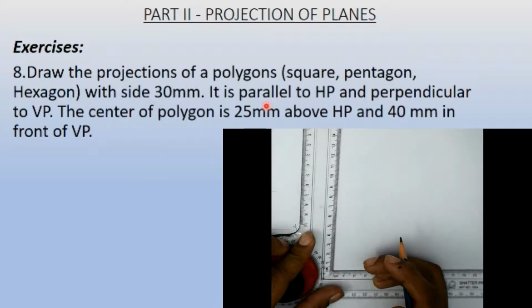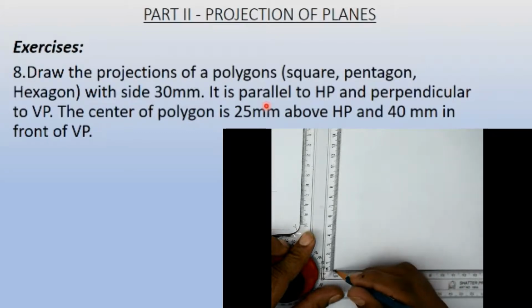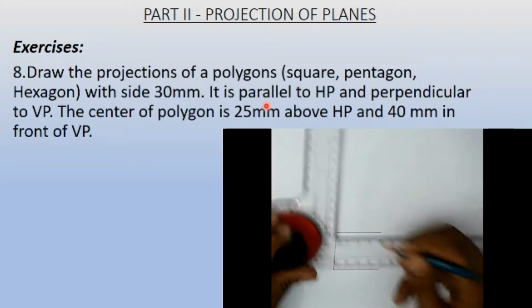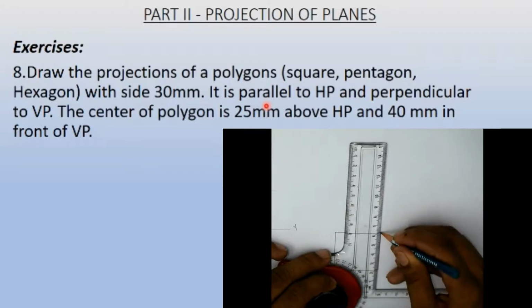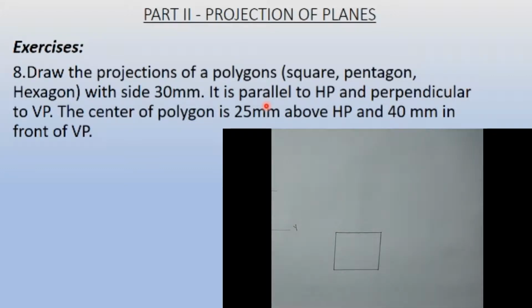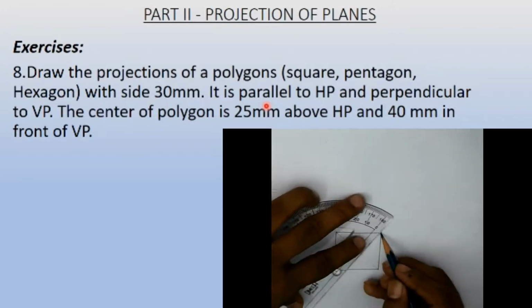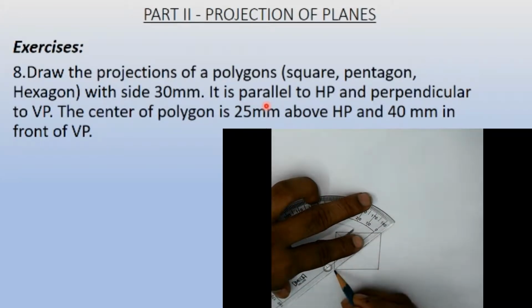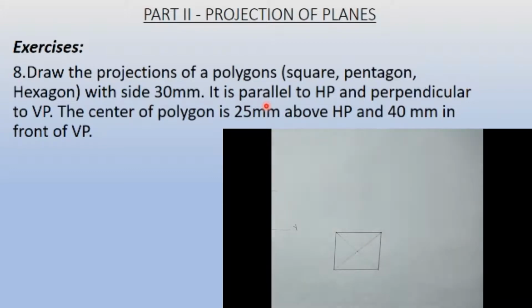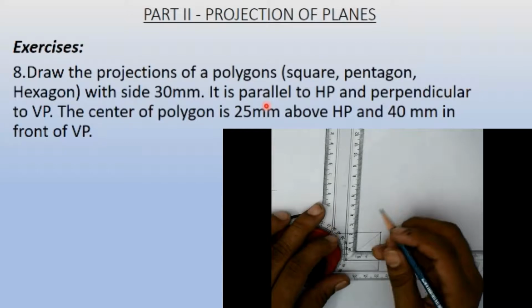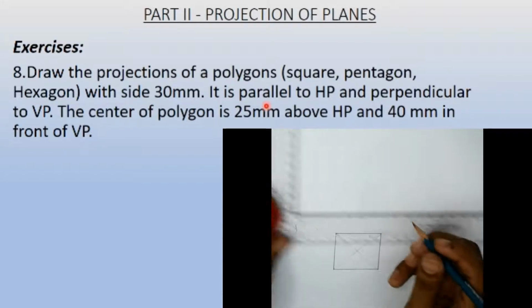As this is parallel to HP, we will get the top view as a square, because the first polygon I am taking is a square. This is our top view, a regular square figure with 4 equal sides. These are the diagonals to get the center point, and it is mentioned in the question that it is 40 mm in front of VP. For this reason I am taking the XY line here.